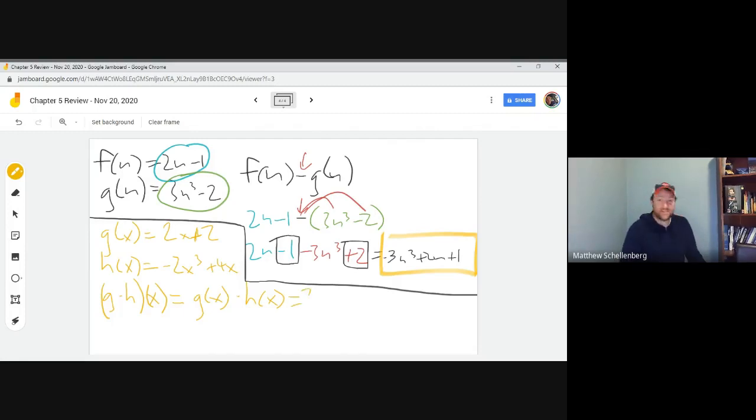So what is that? Well, that just means we have to multiply the two functions. So I recommend area model. You could also use FOIL in this case because they're both binomials. But let's do area model because that's something we've talked about and I think you guys kind of need to know.